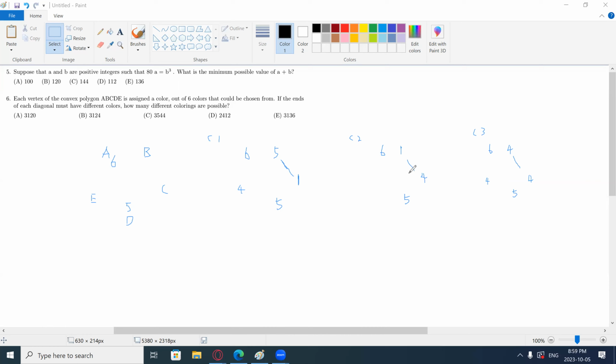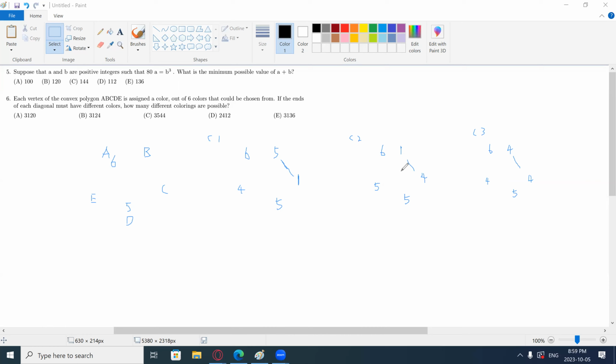And in this case, since the color at B is the same color as the color at C, the color at E will still have 5 choices, because B and C have the same color.